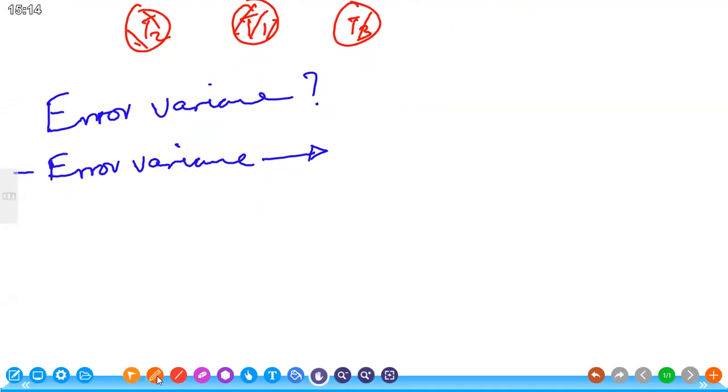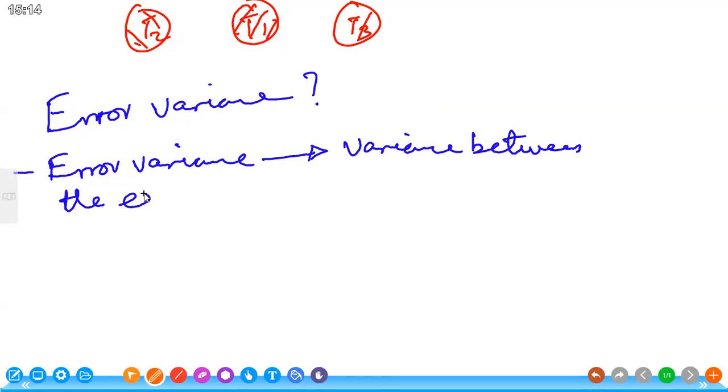It is the variance between the experimental units, which I will put as EU, not European Union.